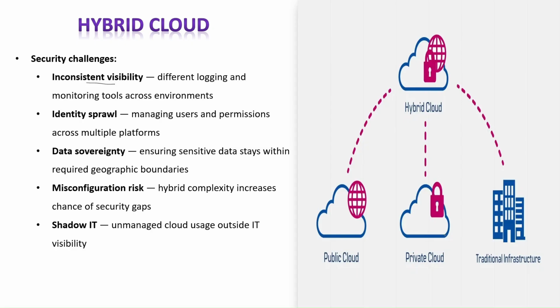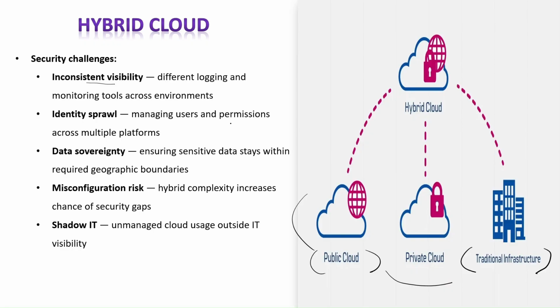So in a hybrid environment, you have the traditional on-prem infrastructure, you may have the public cloud. So for both of these environments, you may use different tools, and so you may have inconsistent visibility of your overall environment.